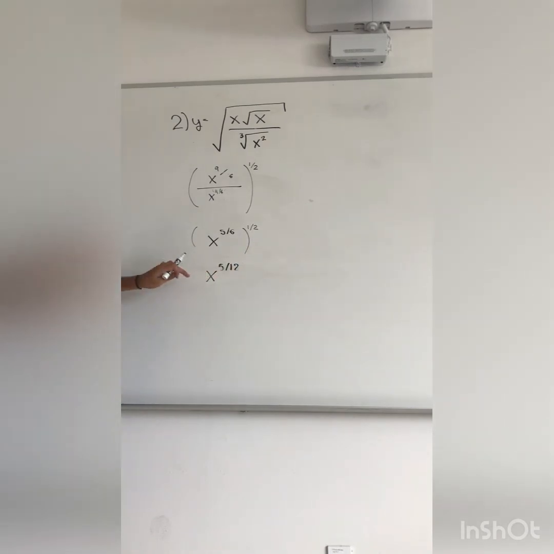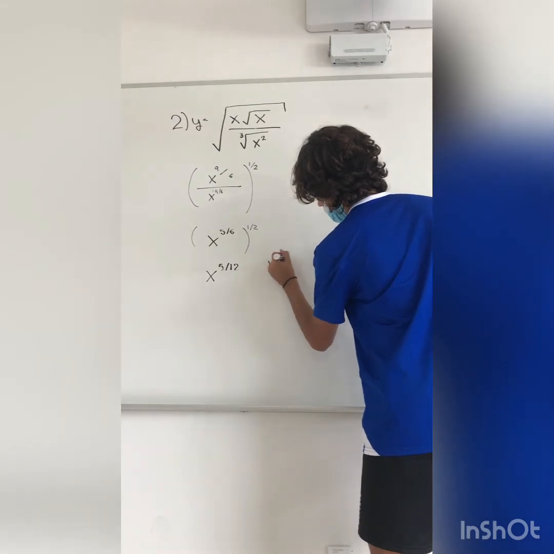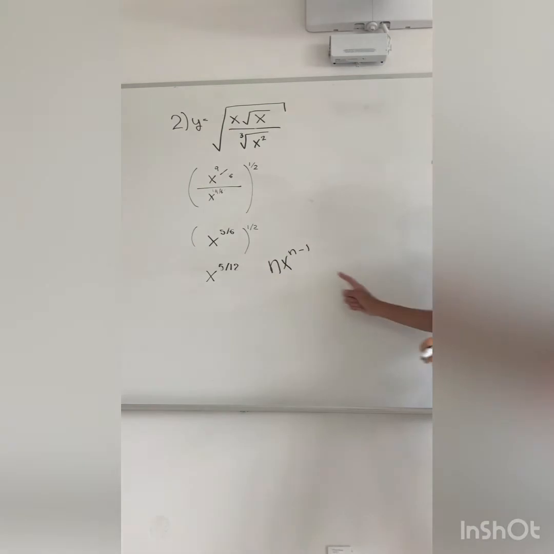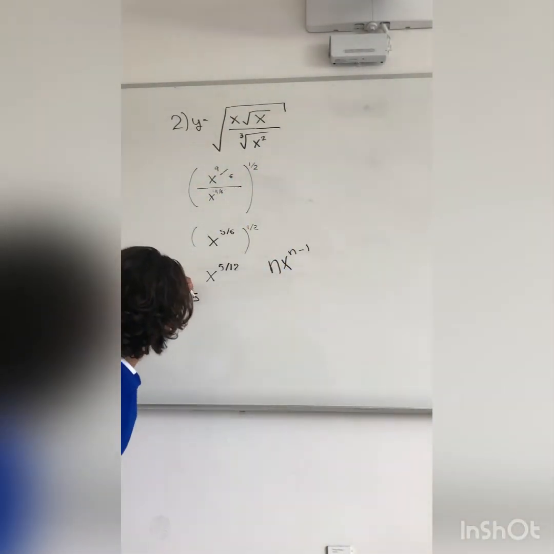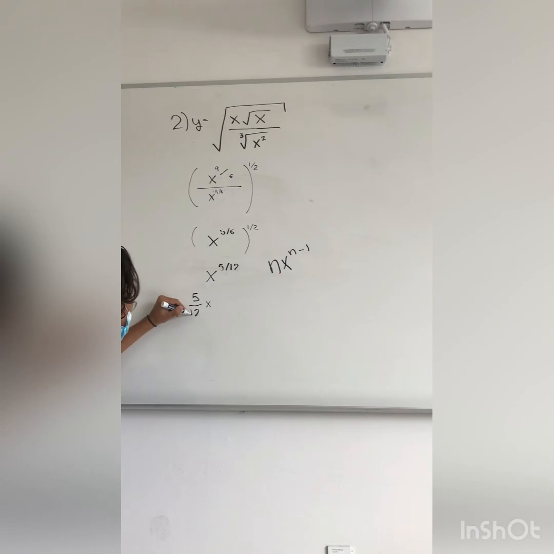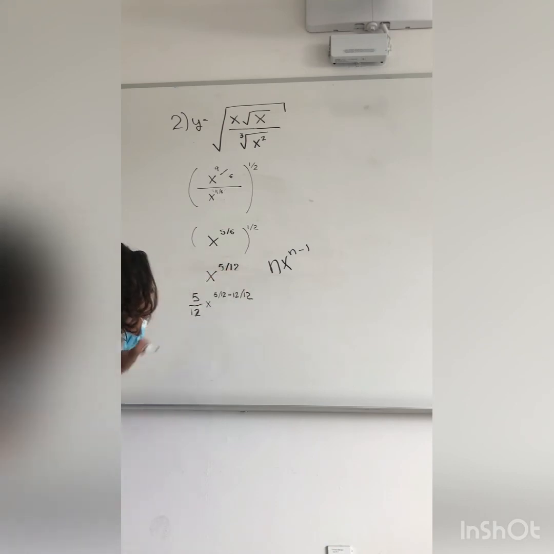Now that we have this, we can do this rule, and it led us to 5 over 12x to this one.